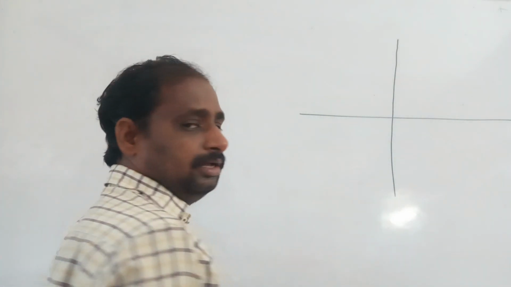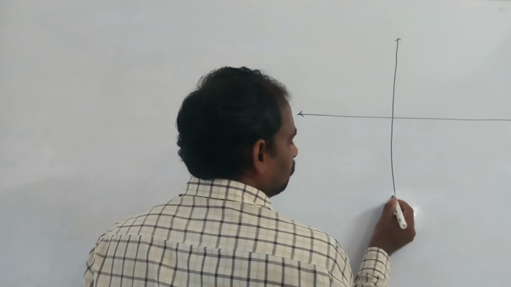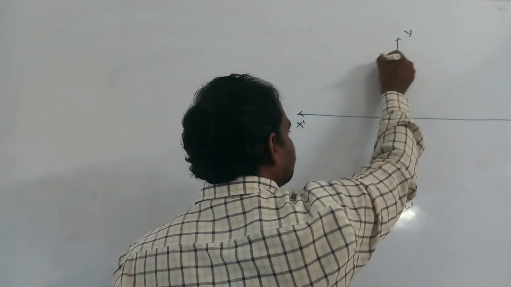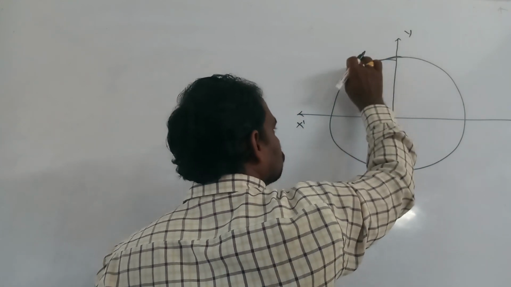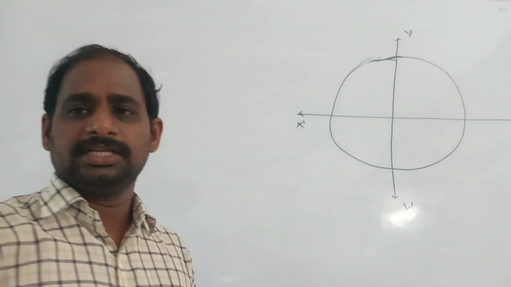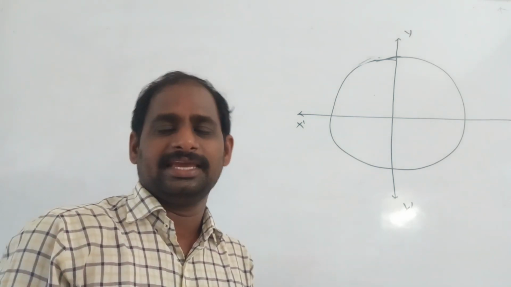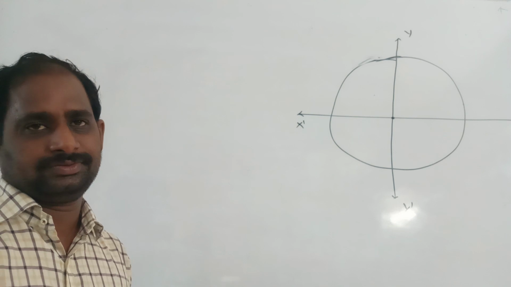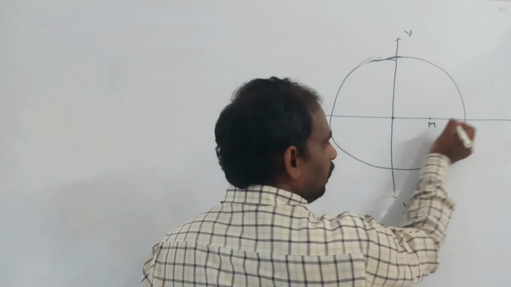Let us consider the coordinate axes, x axis and y axis, and consider a unit circle like this, where the center of the circle is the origin of the coordinate axes. Now take a point M here and take another point N here.